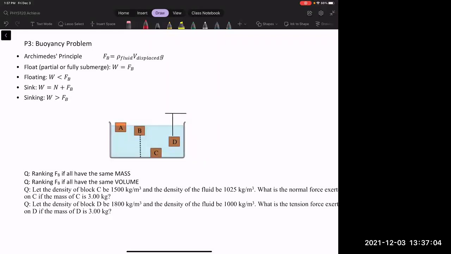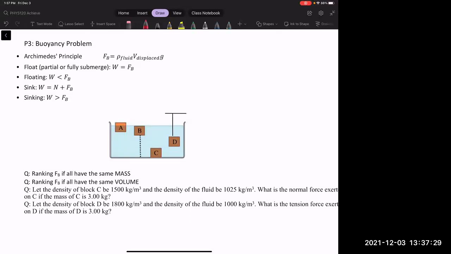Now there are several situations where it will tell you your buoyancy force based on their weight. The first one that you see is the float. That means it's floating, it's not moving. It could be partially or fully submerged in the fluid.